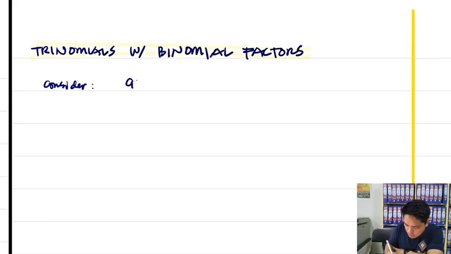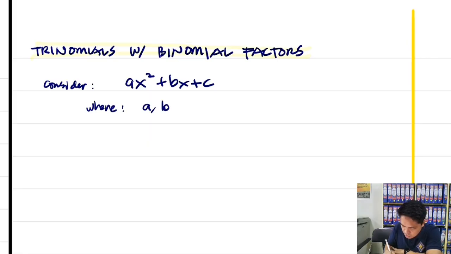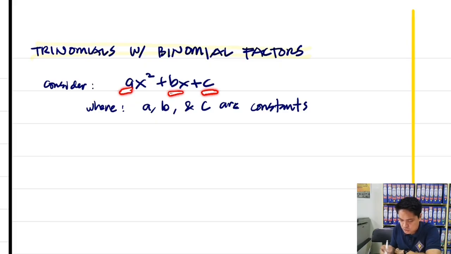so if we consider this trinomial ax squared plus bx plus c, where a, b, and c are constants, or to be specific, integers, because we're dealing with integers.